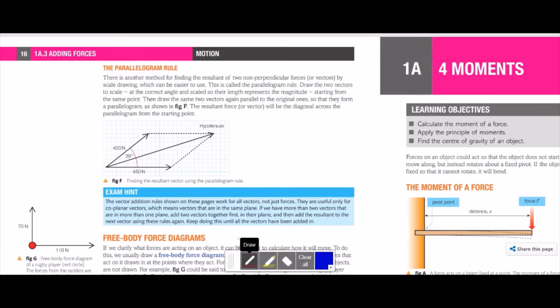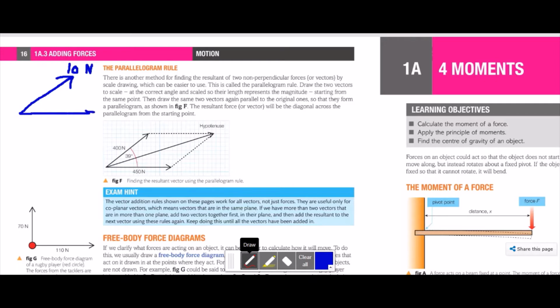So the mathematical technique is not very difficult. You just need to know how to resolve the forces. So let's say you have a force pointing in this direction. The force has a magnitude of 10 newtons.